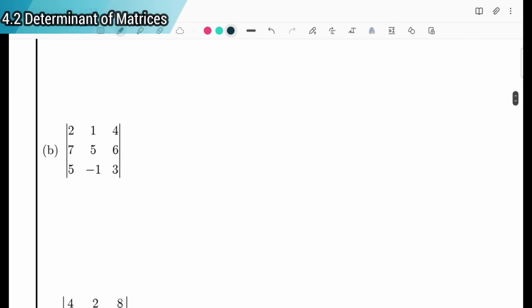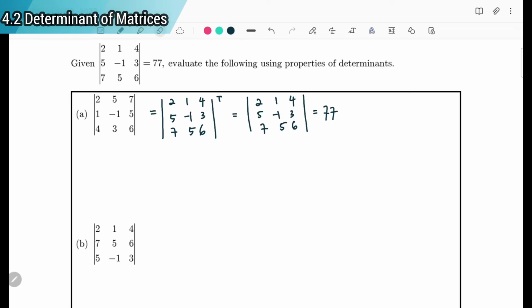For B, 2, 1, 4, 7, 5, 6, 5, negative 1, 3. I'm trying to find the relation between matrix B and the given matrix above. If you look closely, you can see that these two rows were interchanged.